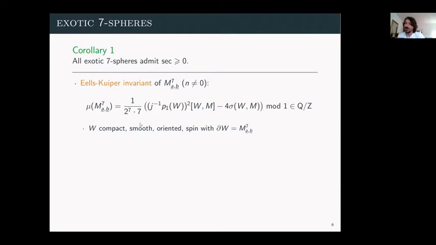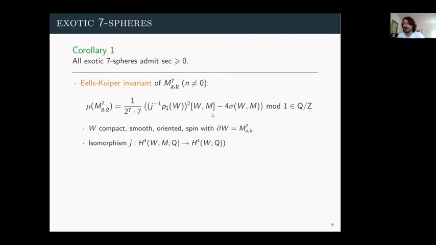What the Kuiper invariant is measuring is the failure of W to actually be a closed manifold, by throwing away the integer part and taking what's left over. But it turns out that the Kuiper invariant really only depends on the boundary. It doesn't depend on which manifold W you choose as your coboundary. That goes back to the work of Milnor in his paper where he discovered the exotic 7-spheres.